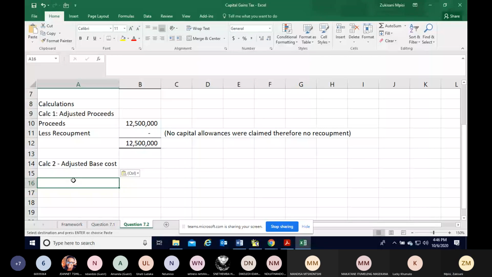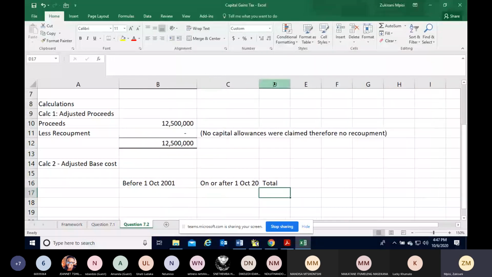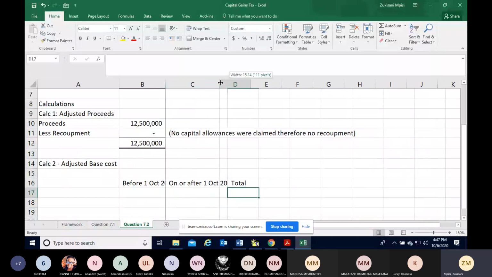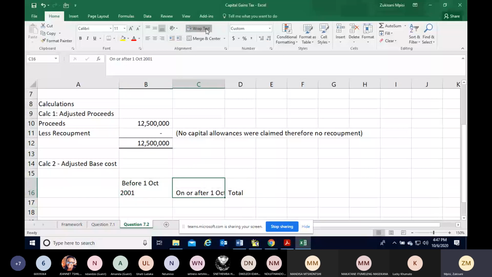This means I need two columns where I can show assets that are before 1 October 2001 and on or after 1 October 2001, and then my total. We don't need to make these columns this big, we can just write the text. And then we've got the total.